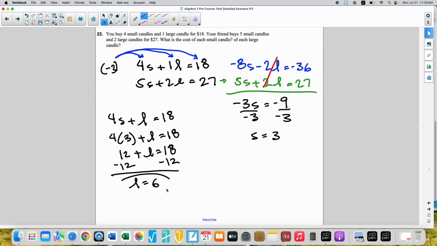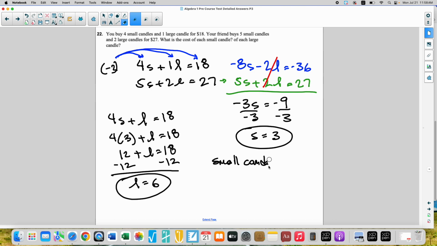And so the large candle costs $6, the small candle equals 3. So small candle, that's not how you spell candle. Small candle is $3, large candle is $6. Good. Yep.